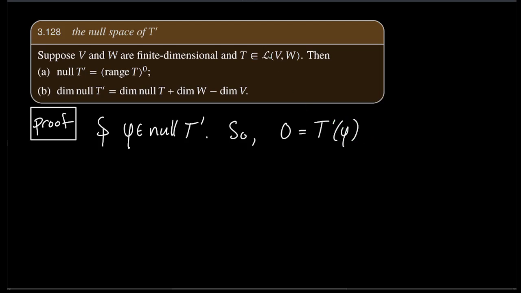So the dual of a linear map, if T is a linear map from V to W, then its dual will be a linear map from the dual of W to the dual of V. So this means that this is the 0 functional on V, just to be clear. But you don't need to think too much about that. It's just a 0, right? So you can just think of it like that. Just remember how T prime is defined now. It is phi composed with T. Okay, there we go.